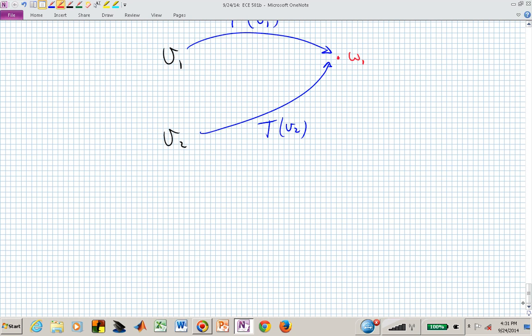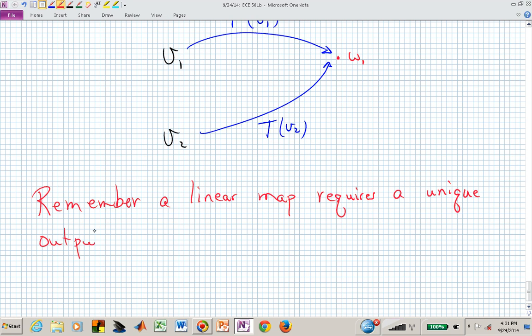Now, remember what we said about a linear map. A linear map requires a unique output for a given input.